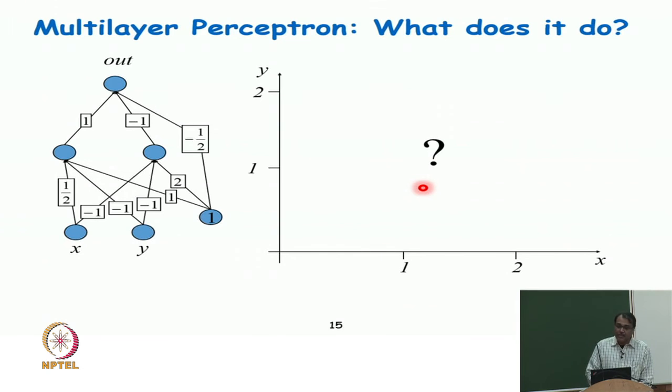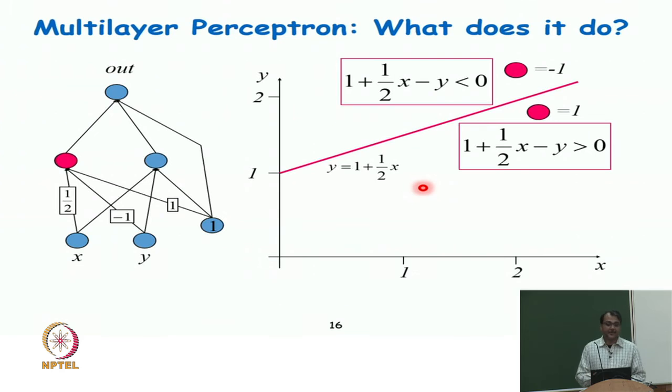Okay. So this is a, let's say, a multilayer perceptron. Let us think about what it is doing. The first neuron, the pink neuron, says half x minus y plus 1 is the input, right? Now it will have greater than 0 or less than 0 values, and if you draw the line of that particular neuron, one side of it would be positive and another side of it would be negative.